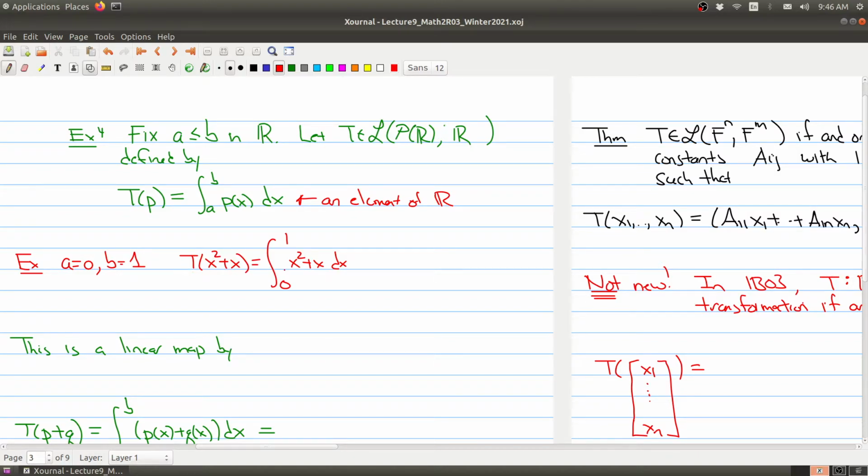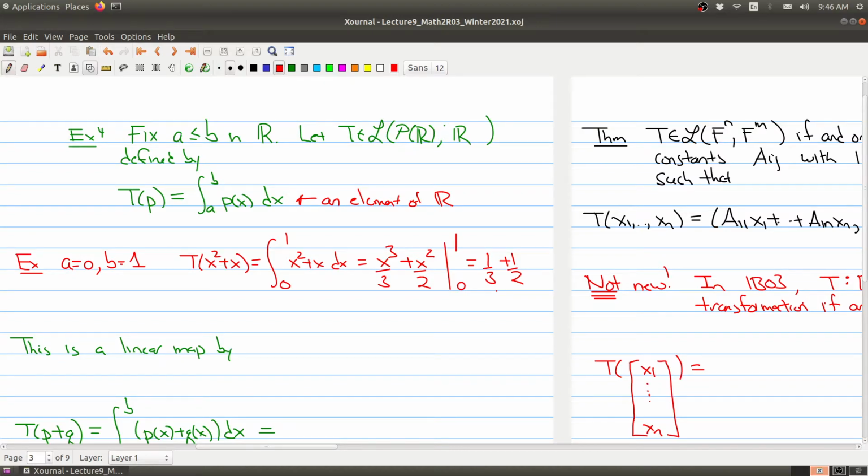So take x squared plus x, and you integrate it from 0 to 1. So I get x cubed over 3 plus x squared over 2, and I evaluate it from 0 to 1. And my answer would be 1/3 plus 1/2, whatever that number is. This gives me a real number.